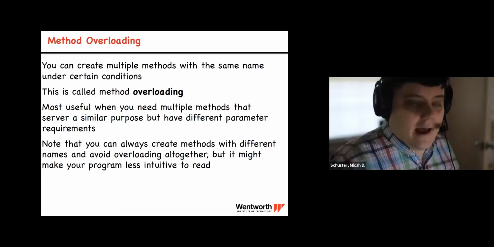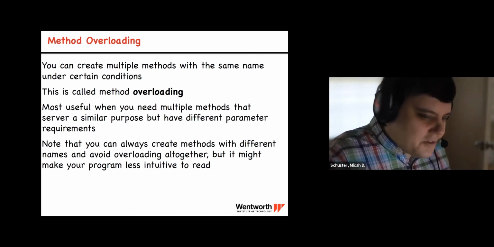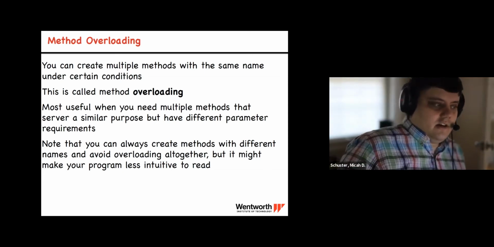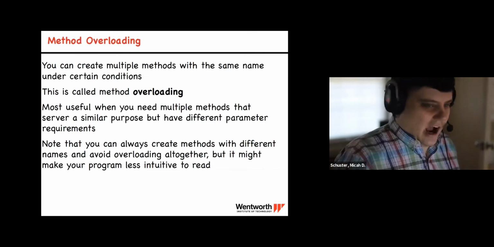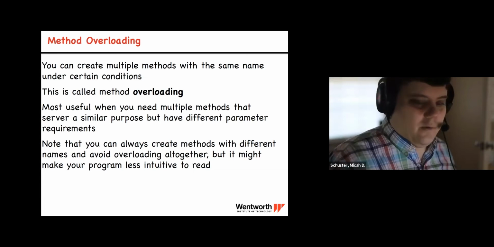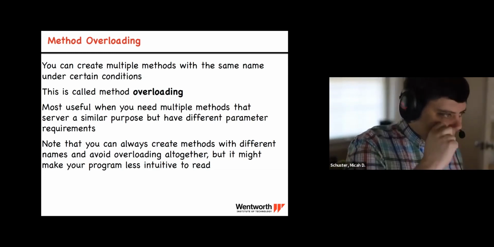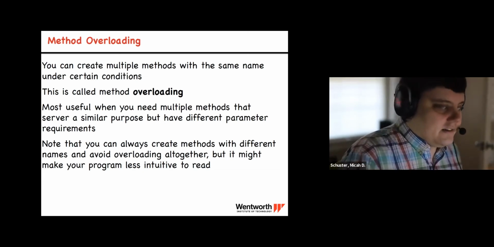So method-wise, we can use the same method name to do different things under certain conditions. That idea is method overloading. In some languages, there's operator overloading as well. So you can change how the plus sign works, for instance, or how the equals sign works. Java typically doesn't allow that sort of thing, but for methods, it does.